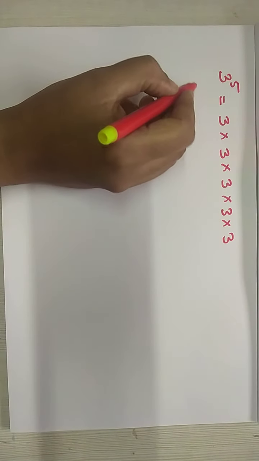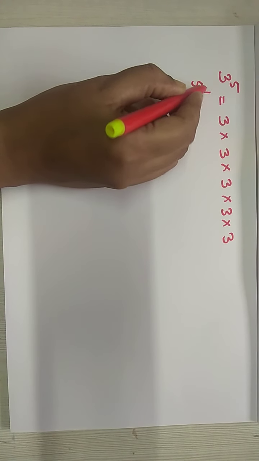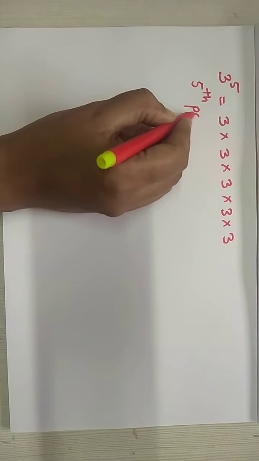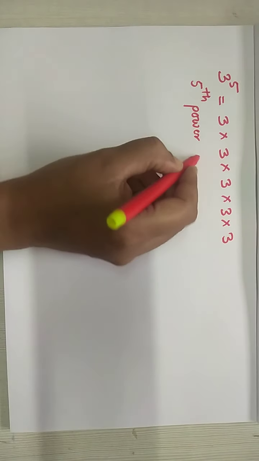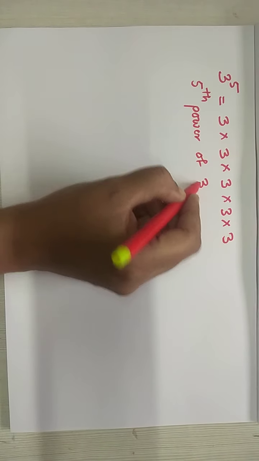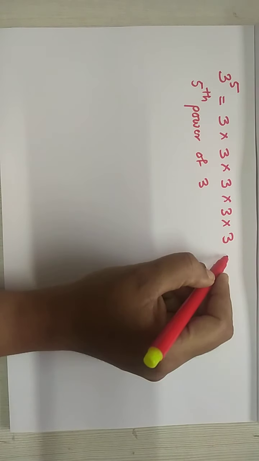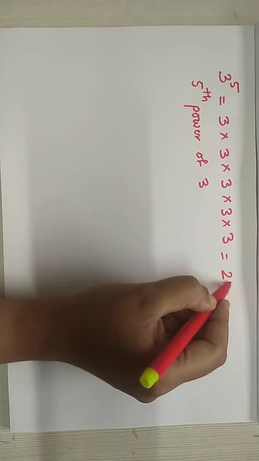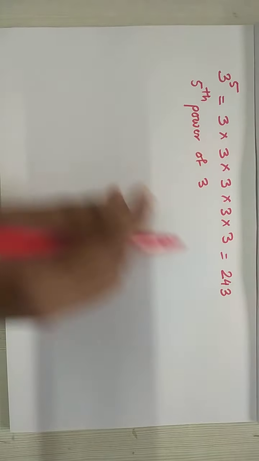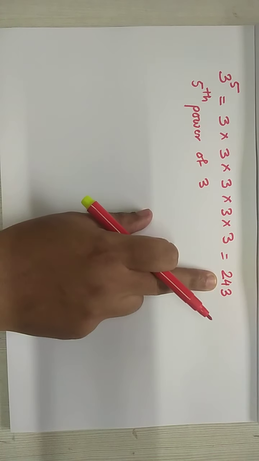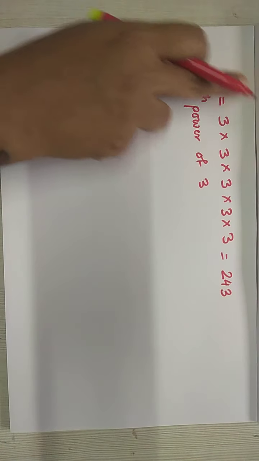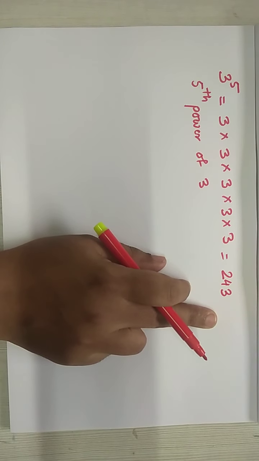So this can be written as fifth power of 3. Now when you calculate this, you get the answer 243. 3 raised to 5 is 243.